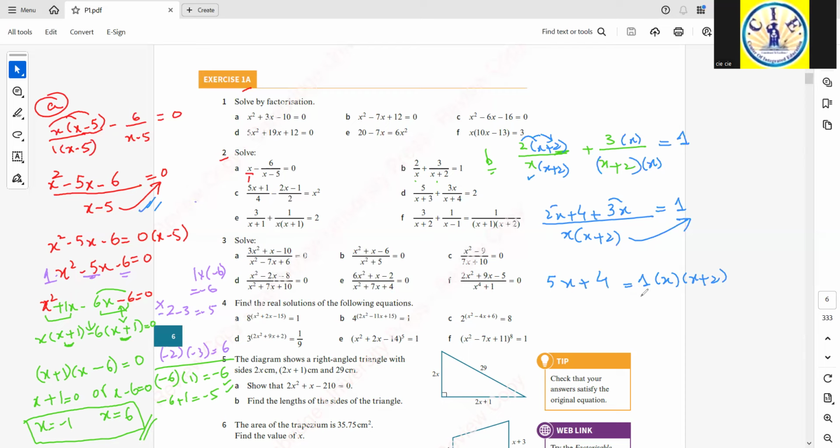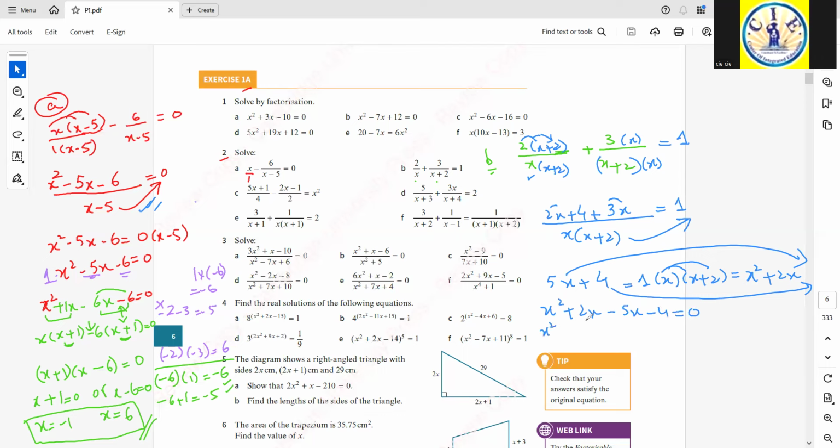And now multiplying them together, I can have x times x is x squared plus 2x, x squared plus 2x. Now x squared plus 2x, let me shift this to this side as well as this to this side so that I can have negative 5x minus 4 and then equals to 0.